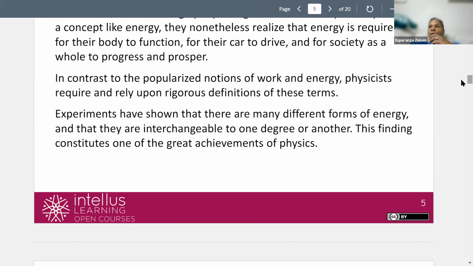Energy is one of those properties that you can't directly see, but you know that something is happening because of the way systems get changed and how the objects are impacted.